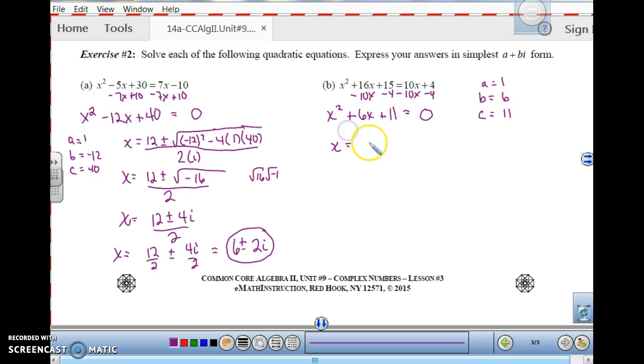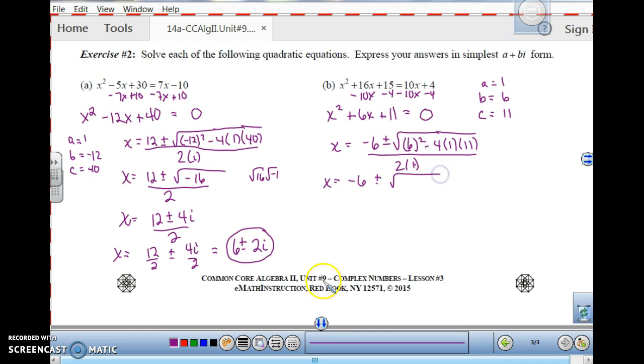x equals negative b, which would be negative 6, plus or minus the square root of b squared, which would be 6 squared, minus 4 times 1 times 11, all over 2 times 1. So negative 6 plus or minus.